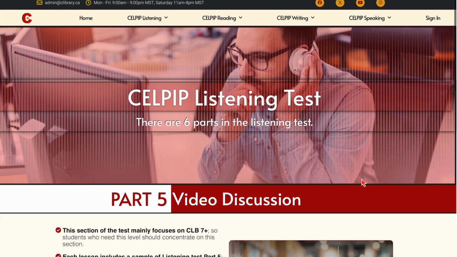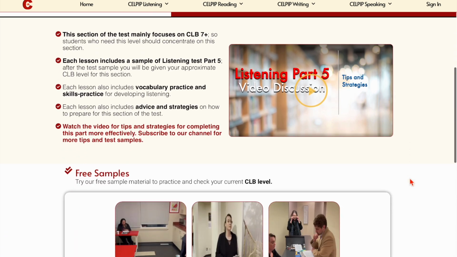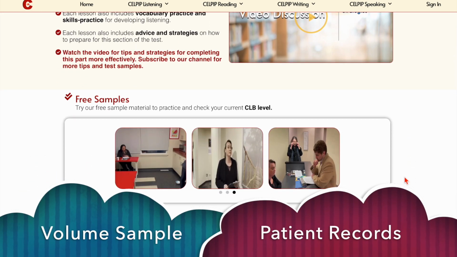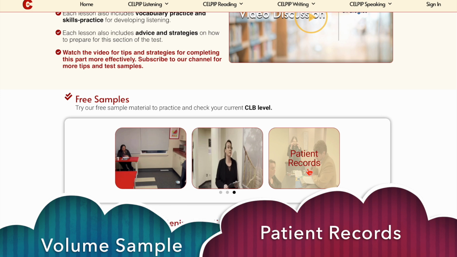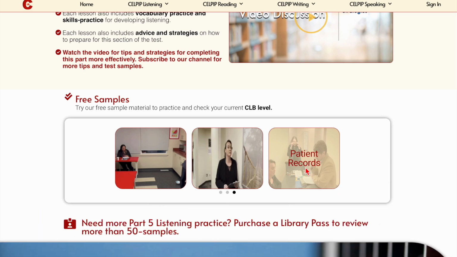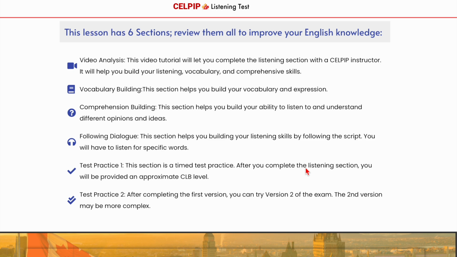So then, now we are going to do a sample today called Patient Records. So let's get started. Okay, so I'm here in the front page of this sample, and you notice that it has 6 parts.